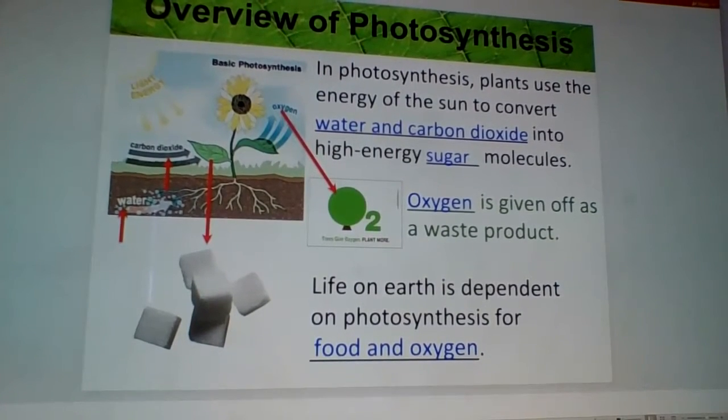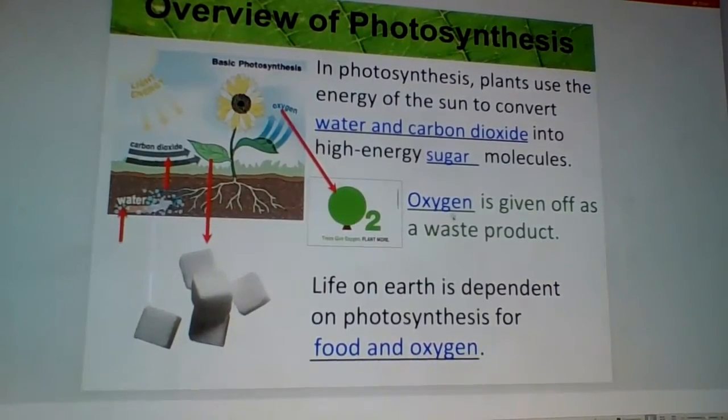Here's an overview of photosynthesis. In photosynthesis, plants use the energy of the sun to convert water and carbon dioxide into high-energy sugar molecules. Oxygen is then given off as a waste product. Life on Earth is dependent on photosynthesis for food and oxygen. So you can see the sunlight being absorbed by the plant.